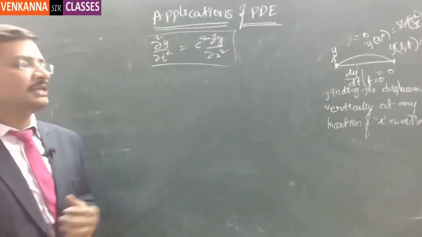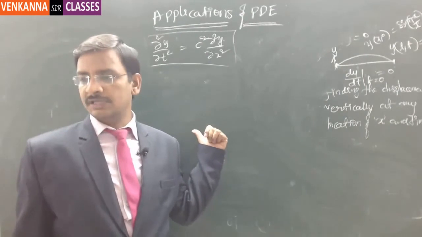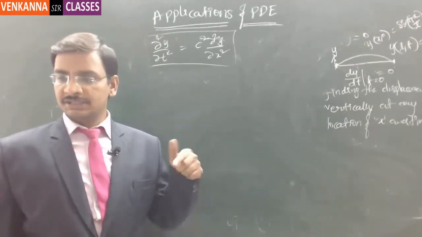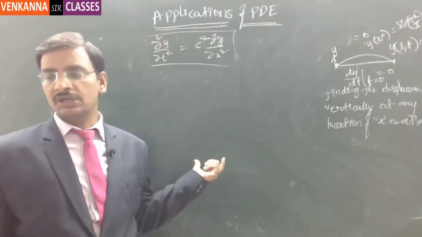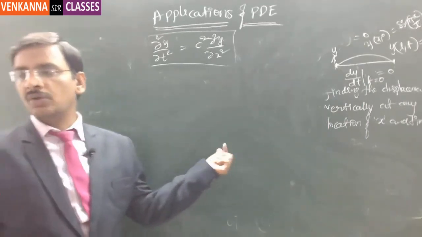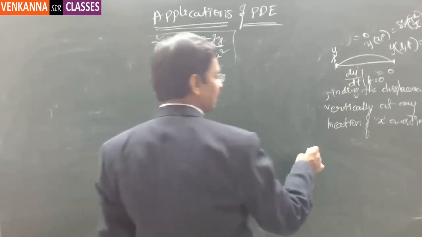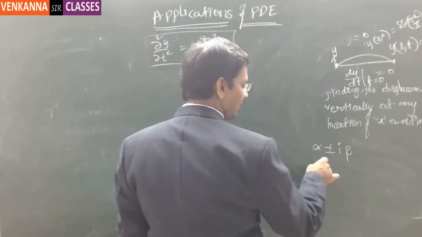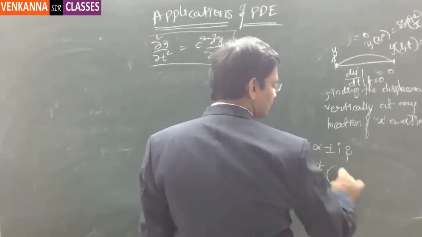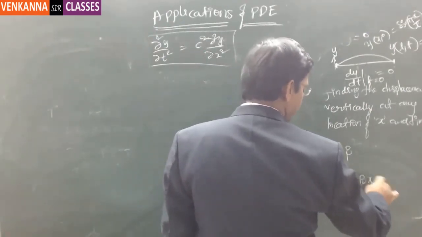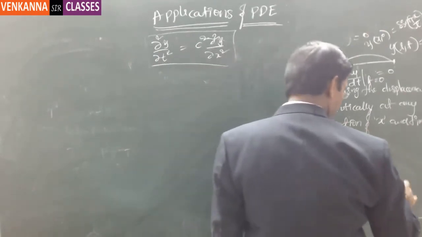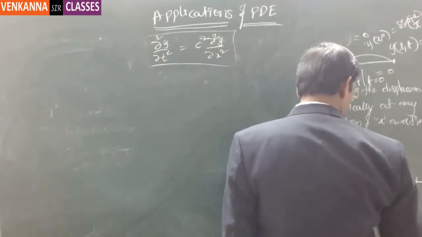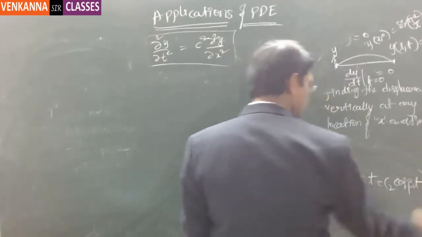In this particular case, we don't have the possibility of getting real and imaginary parts. If it is having real and imaginary parts, the solution will not make any difference. What you are going to get extra is, suppose the solutions are alpha plus or minus i beta, then this is e power alpha t times (c1 sin beta x plus c2 cos beta x), or beta t if it is t.